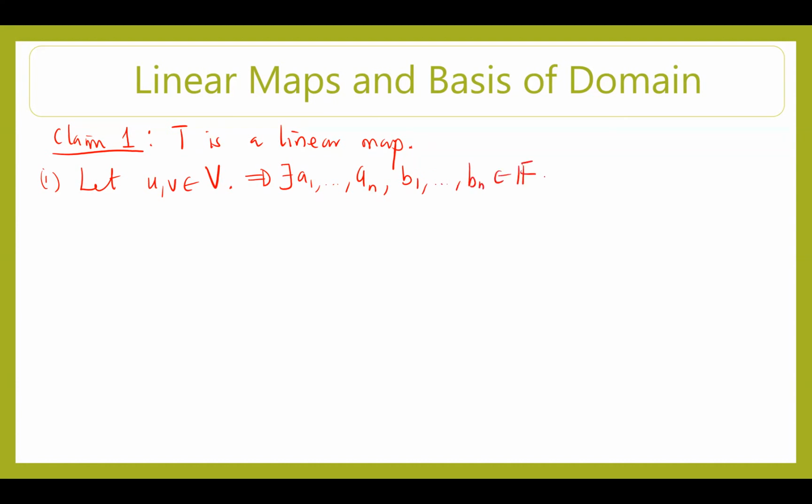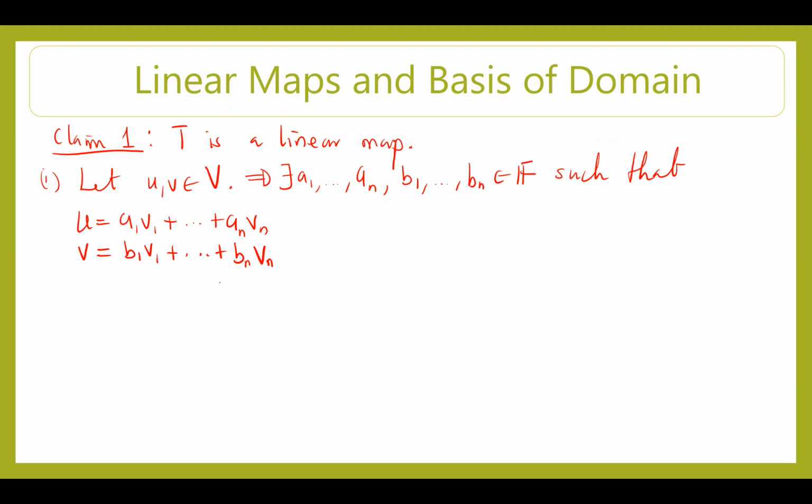All these are scalars such that u can be written as a linear combination of the basis elements, a1 v1 plus all the way to an vn. The same thing with v: v can be written as a linear combination of the basis elements. What is giving us power here is the fact that B is a basis for V, so this can be written uniquely this way.